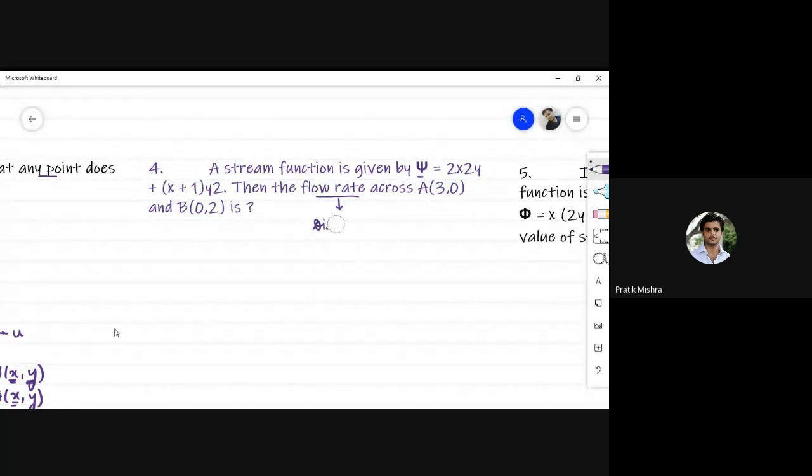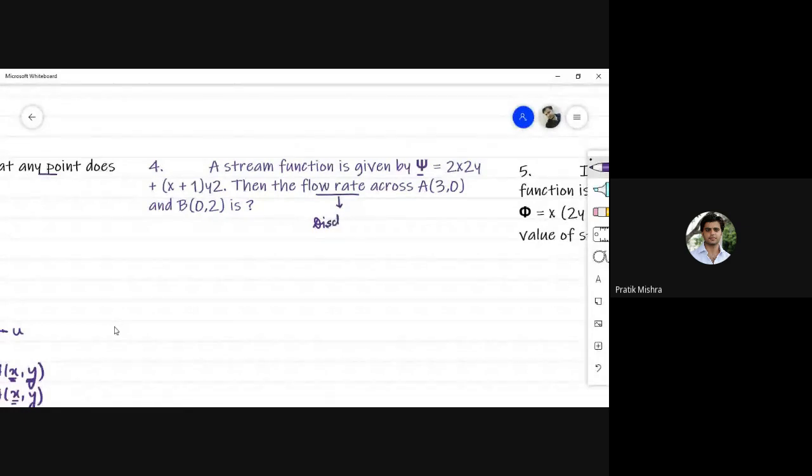We need to calculate discharge across 2 points, point A at (3,0) and point B at (0,2). We know that our discharge Q is simply the difference between the value of psi A minus psi B. The discharge between 2 points, or rate of flow across 2 points, is simply the difference of the value of stream function at A and stream function at B.